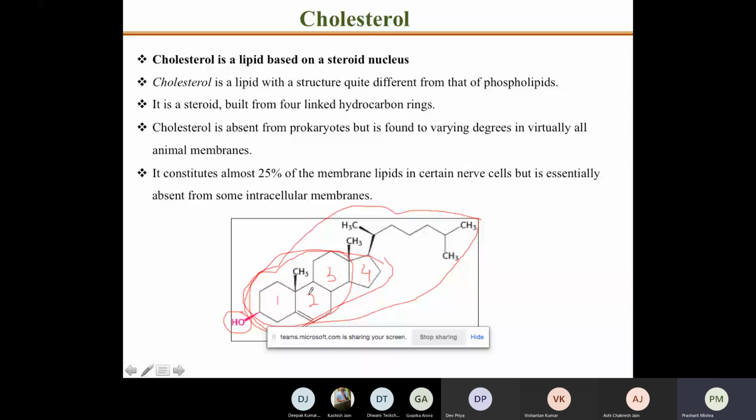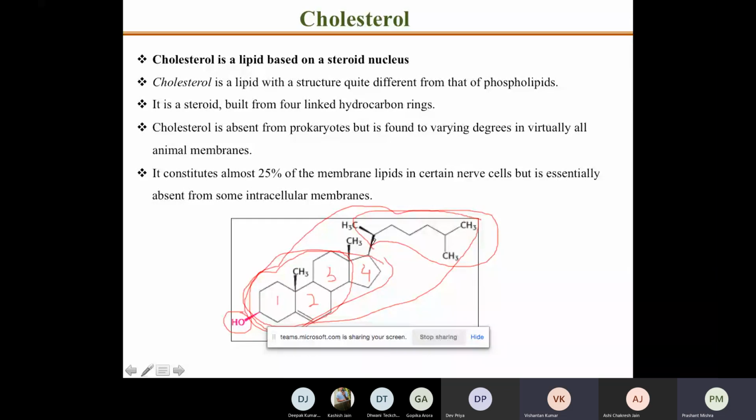It's a big name, but it just tells you that the basic structure is based on the phenanthrene ring, where a cyclic pentane is attached, and then you have another chain which is associated with it. So what do you expect from the cholesterol? Cholesterol has to provide the membrane a lot of hydrophobic nature from the ring, isn't it? A huge portion of this cholesterol is hydrophobic.